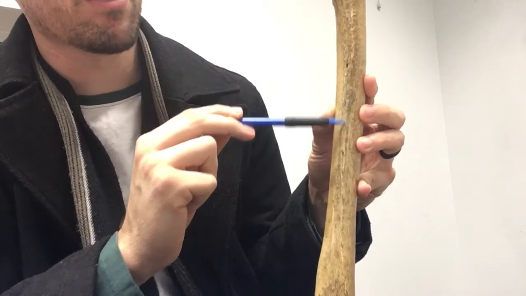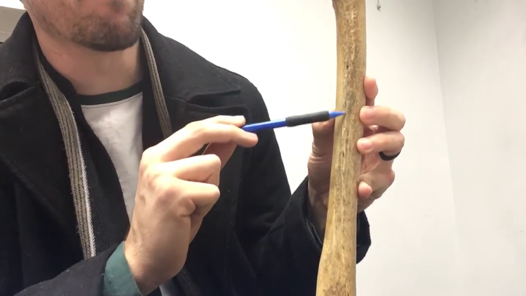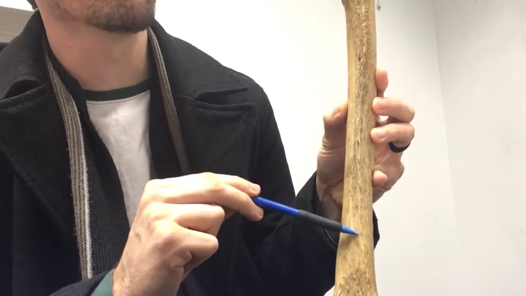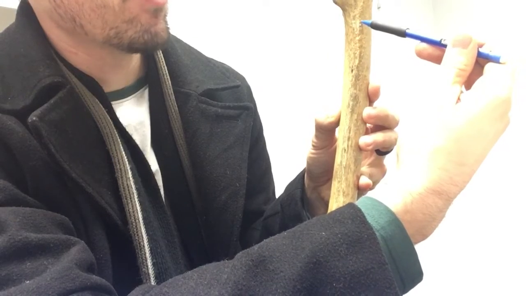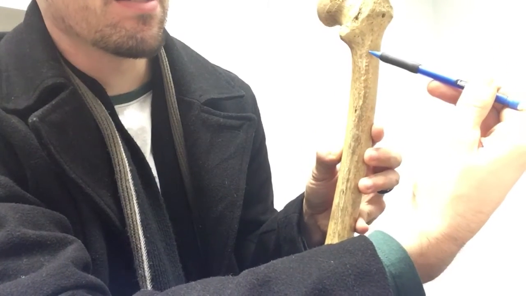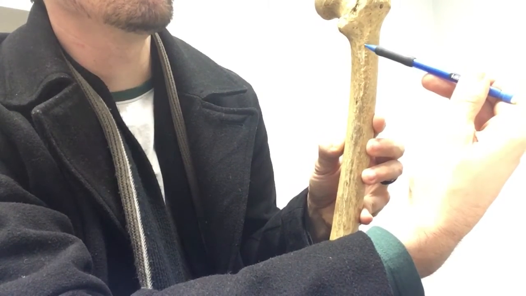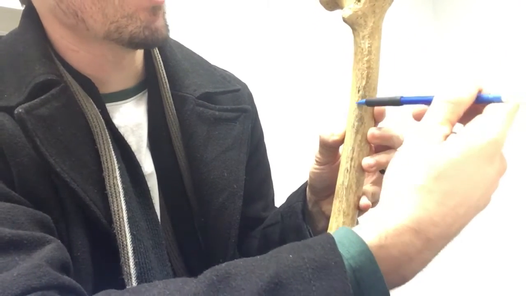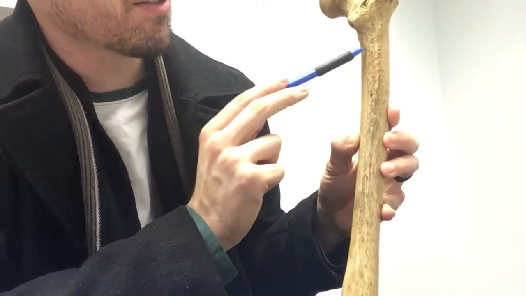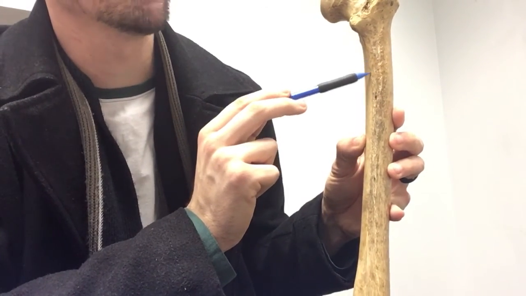landmarks. The linea aspera will go all the way up and down the body or the shaft of the femur on the posterior side. When it comes up and to the lateral side, it is the gluteal tuberosity. If you come up and to the medial side, it is the pectineal line.